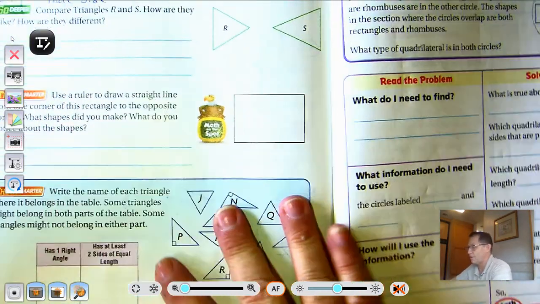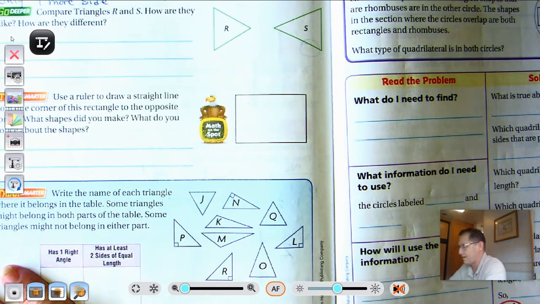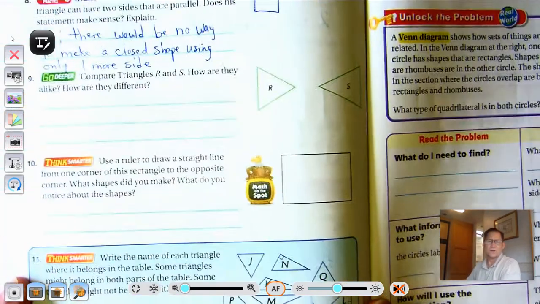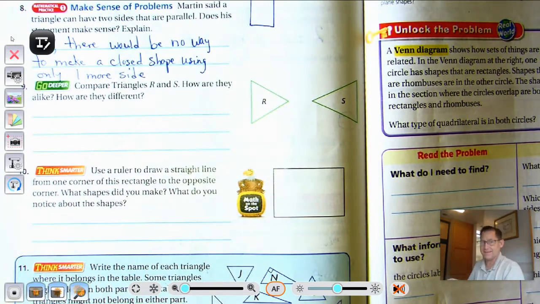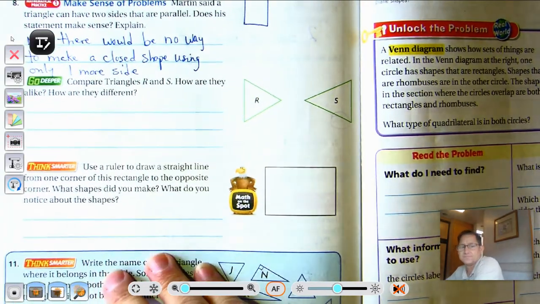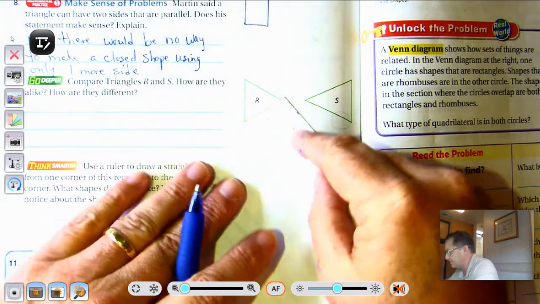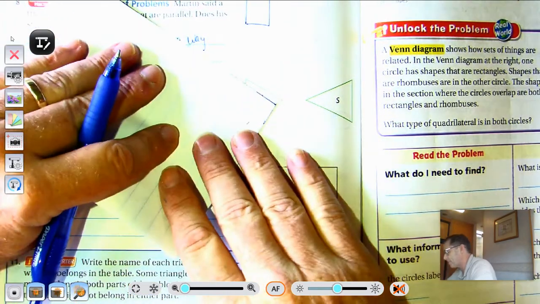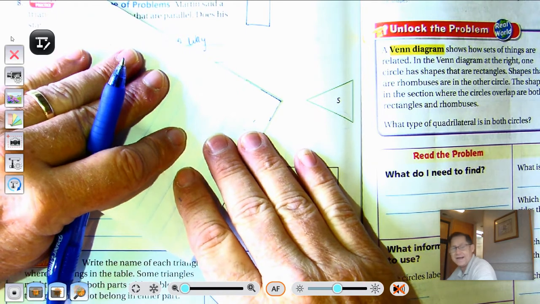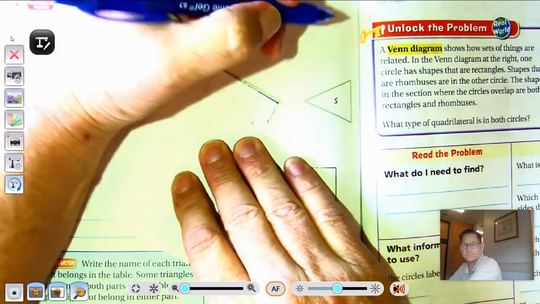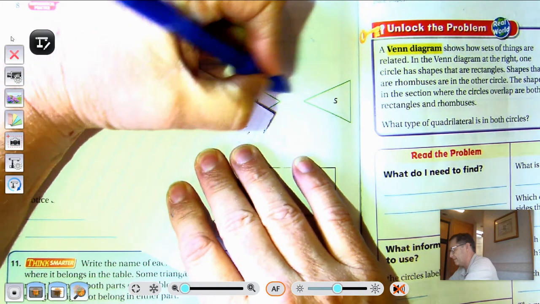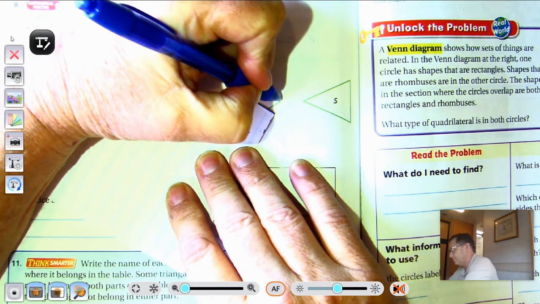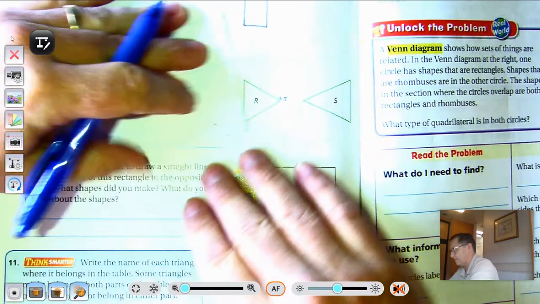Compare triangles R and S. How are they alike? How are they different? Well, how are they alike? Well, they look like they both have three angles less than a right angle. Let's check that out. Okay, so this first angle here is less than a right angle. How about this one?